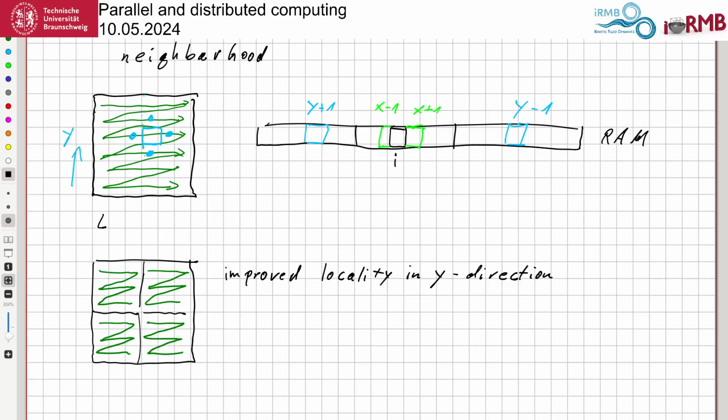The neighbors in y direction still wouldn't be exactly the neighbors, but if you make these blocks not too large, you may be able to read the entire thing into the cache, and then you can also make use of the locality in y direction.